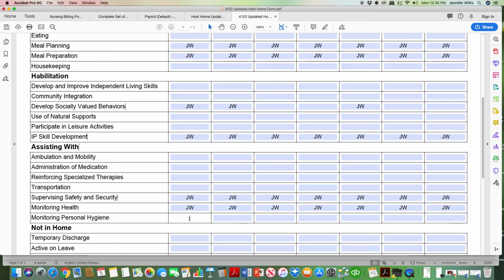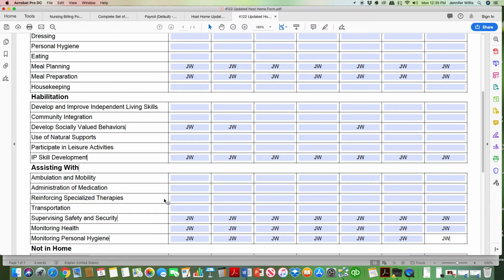Again, if an individual is capable of bathing and dressing and taking care of their own hygiene, if you have it here in monitoring personal hygiene, then you do not need it at the top.